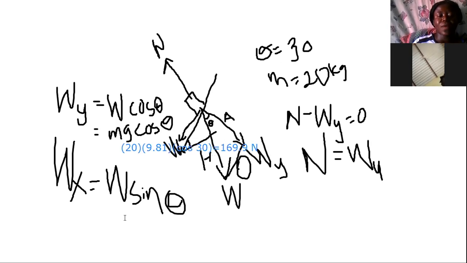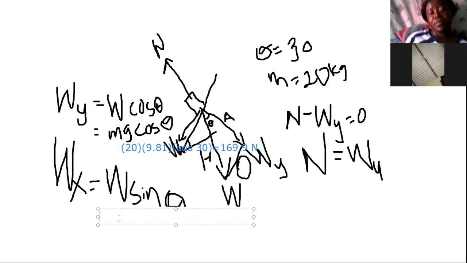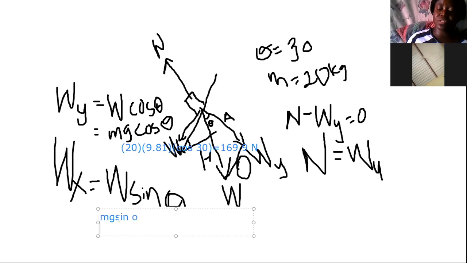Go on and calculate what is the component in X. The weight in X, which is still mg times the sine of the angle. Then we have m is 20 times 9.81 times sine of 30 degrees.